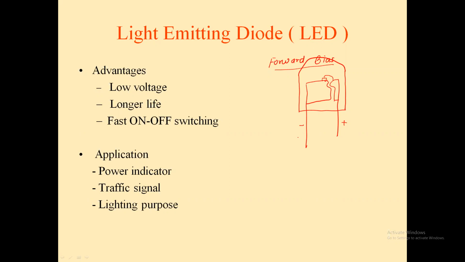In this way, you can find out the positive and the negative terminal of the LED. And once you identify the positive and negative terminal of the LED, you can easily connect this diode in forward bias in an actual circuit. So this is a very important thing, how to identify the positive and the negative terminal of the LED. Get it my point?